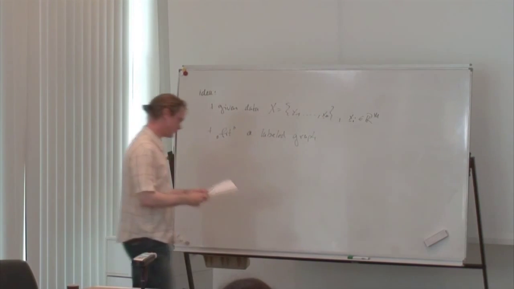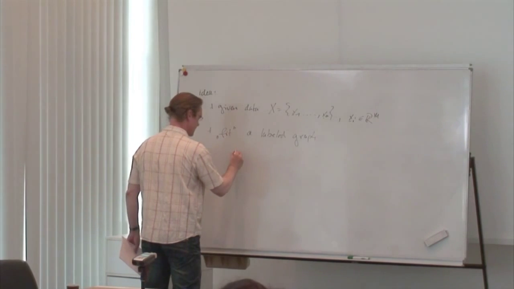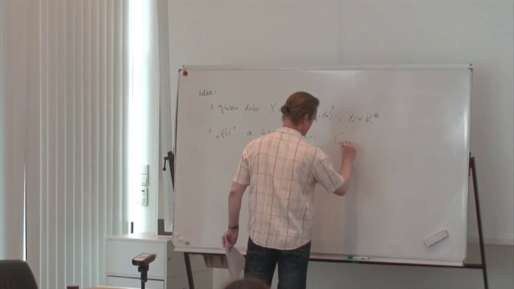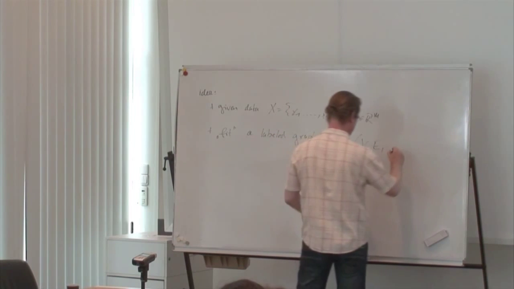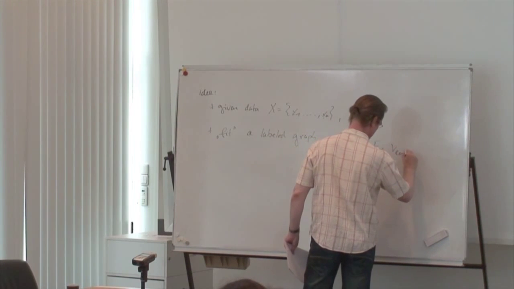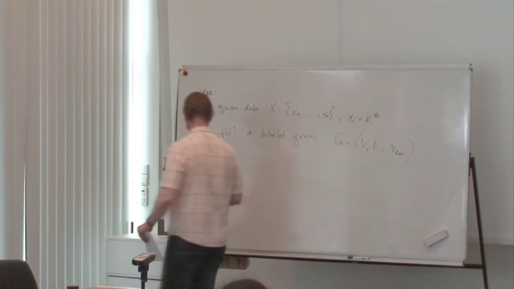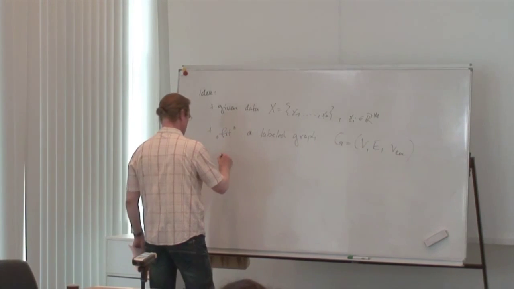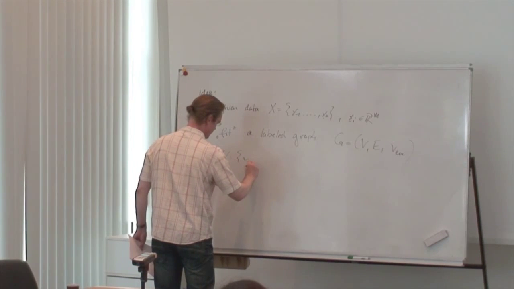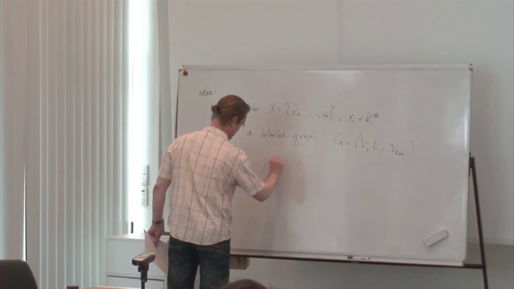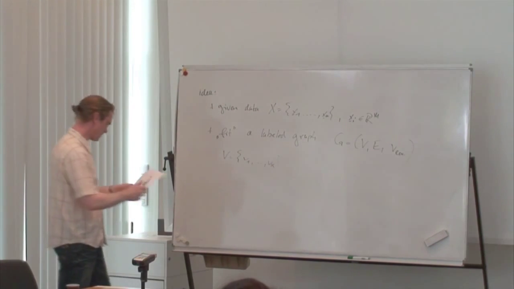A labeled graph, so let's call this one G, of course has vertices, edges, and a vertex label function, which I should call vlog. We do assume that there are v1 all the way up to vk different vertices.